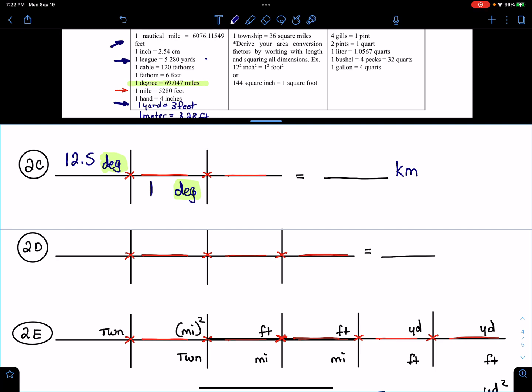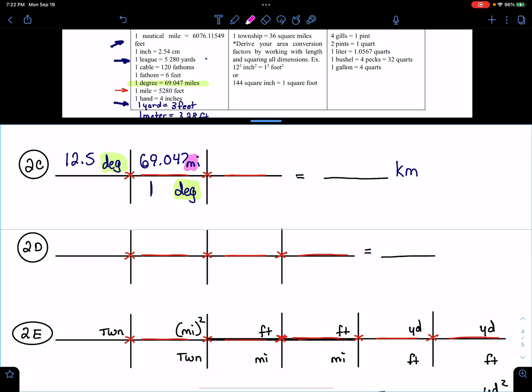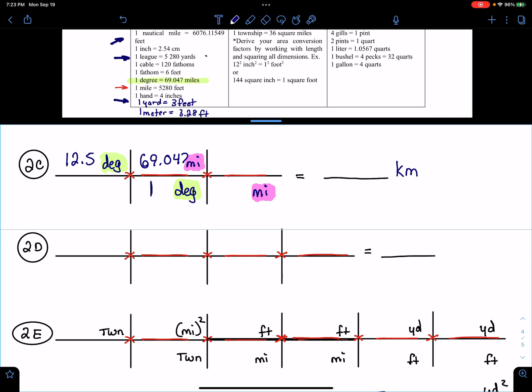It says it equals 69.047 miles. All right. Now, I know I'm not to kilometers. That's all right. We're going to get there. So we got miles. That means that miles has to go down at the bottom. All right. Now, I need to go to my list again.